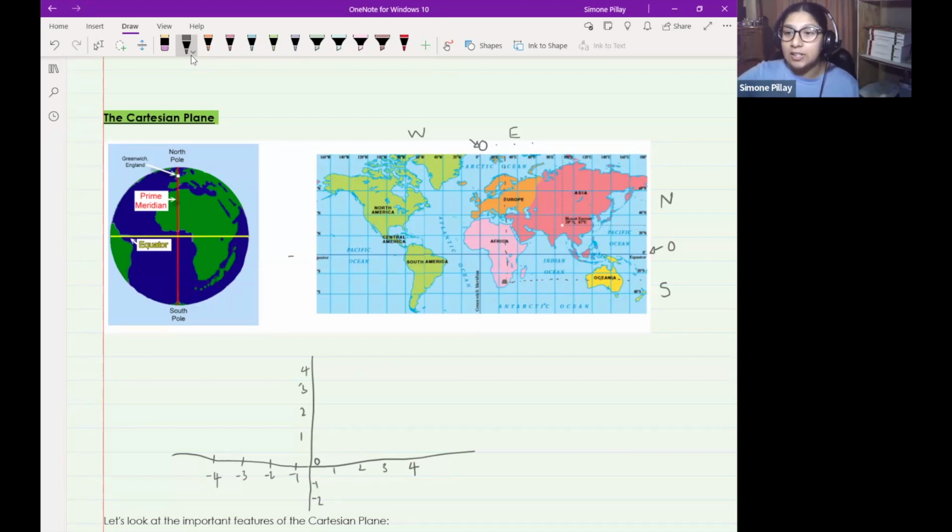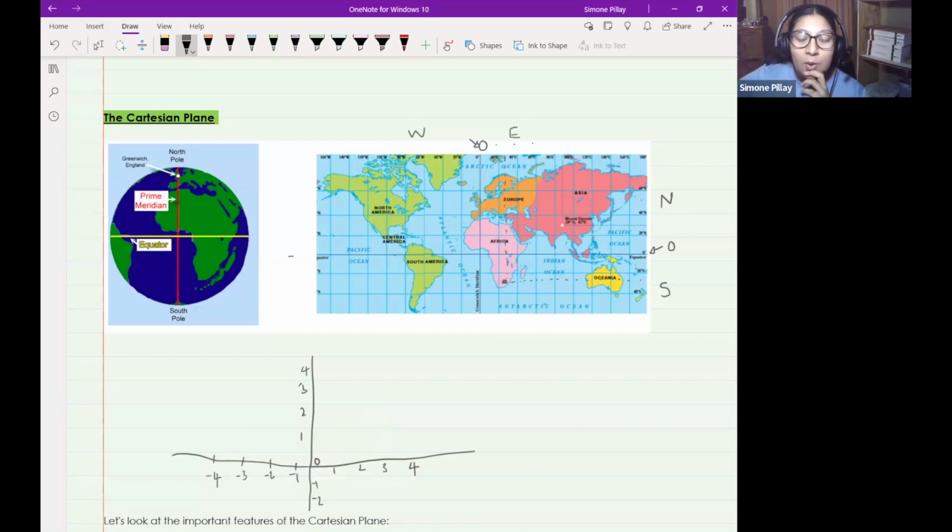This is really what our Cartesian plane is. It's still what we use to draw graphs, except now your graphs are going to look different. Instead of bars, your graphs are going to look something like that. This is what we use to draw our graphs from now on.